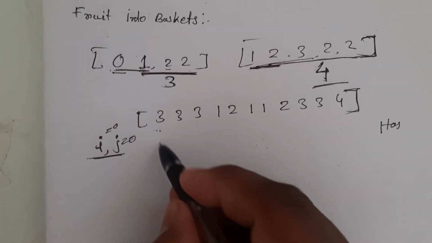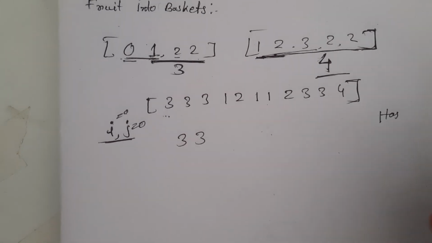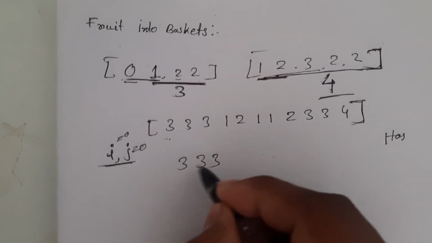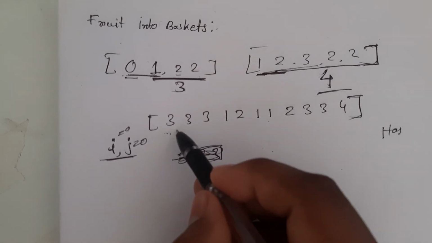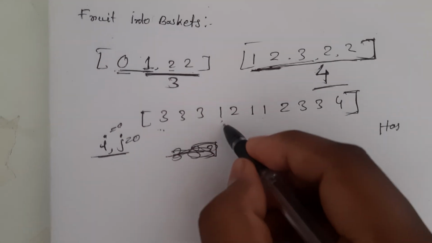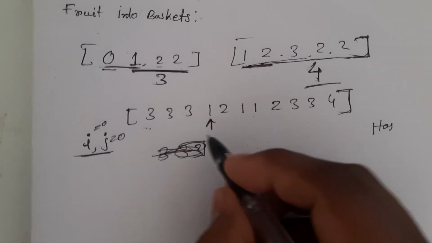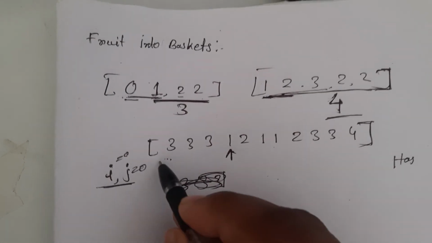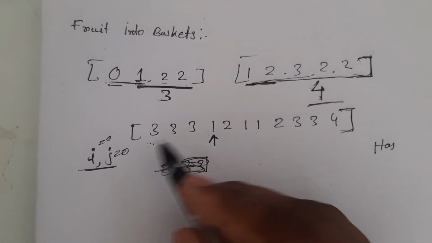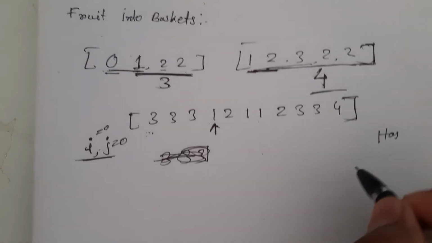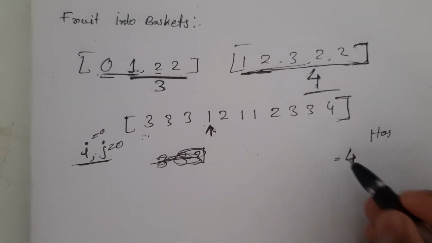In the hash map, at first I put 3, then again 3, again 3, and then I put 1 as well. In that case the maximum is j minus i plus 1, so 3 minus 0 plus 1 is 4. So at that position our answer is 4.